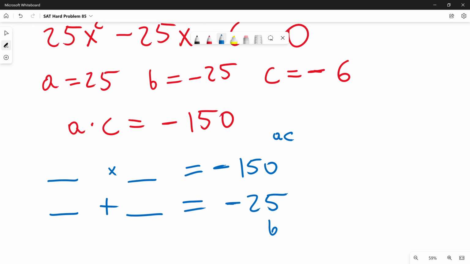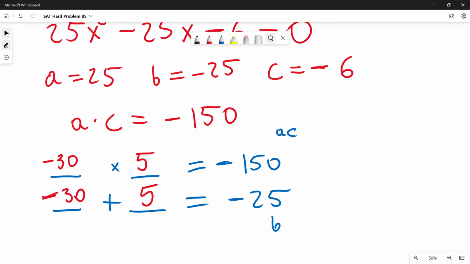Those numbers will be negative 30 and plus 5. Negative 30 times 5 is negative 150, and negative 30 plus 5 is equal to negative 25.